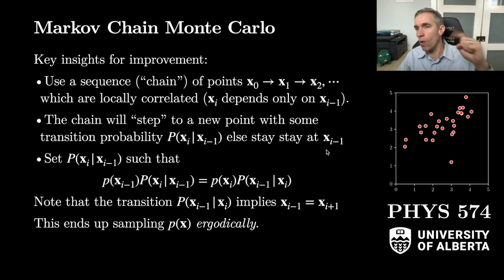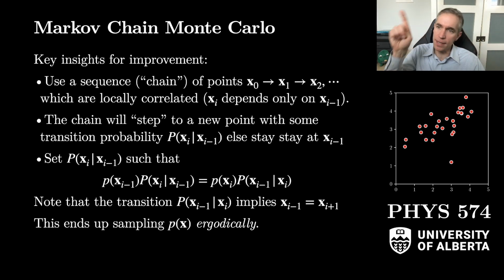So it's basically walking around and trying to take steps in this high dimensional space, and this capital P is the probability that it makes that step.